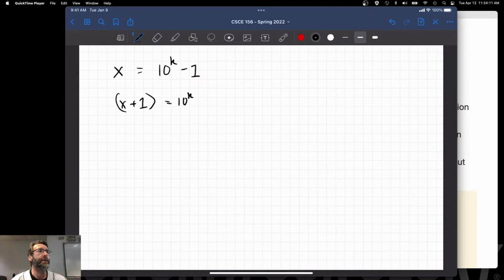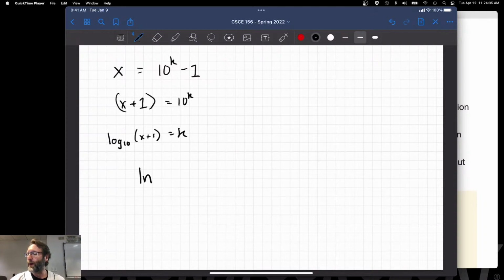How do I get rid of that 10 and solve for k now? Logarithms. Right? Log base 10 of x plus 1 is equal to k. So in other words, the logarithm function, one interpretation of it is the number of digits it takes in base 10 for you to represent that number.